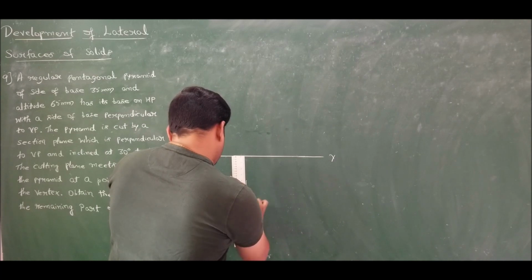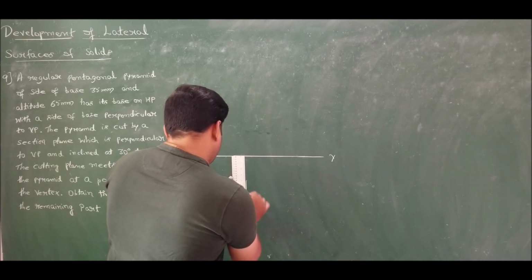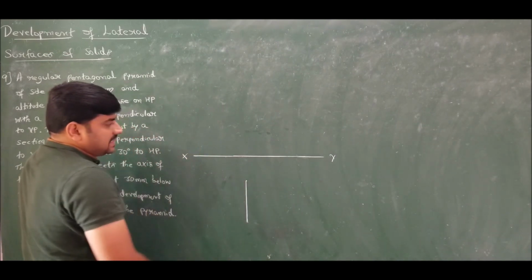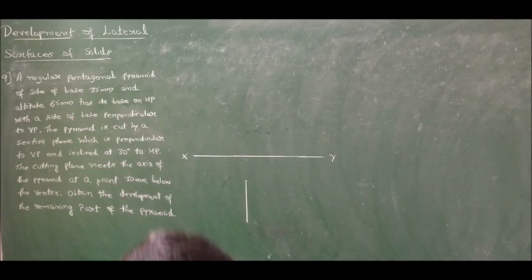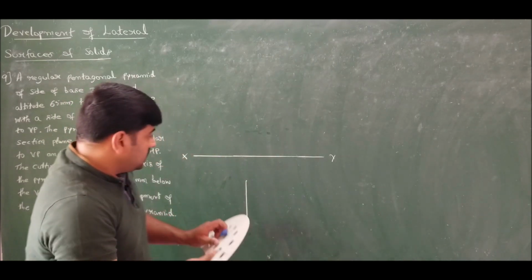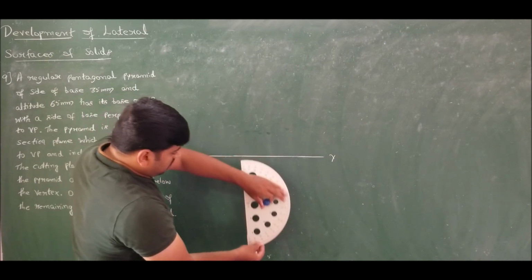I'll draw a side perpendicular to VP first. Keeping this as reference, I will complete the pentagon. You know the interior angle of a pentagon is 108 degrees.